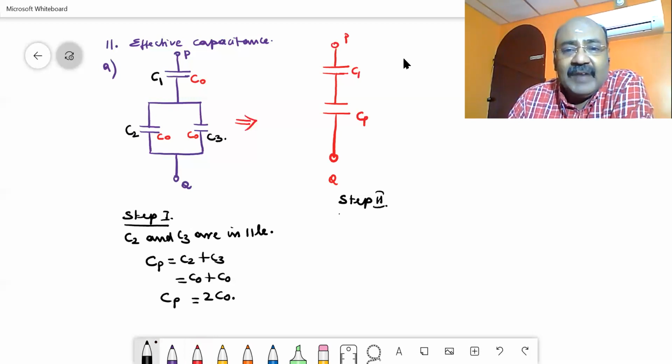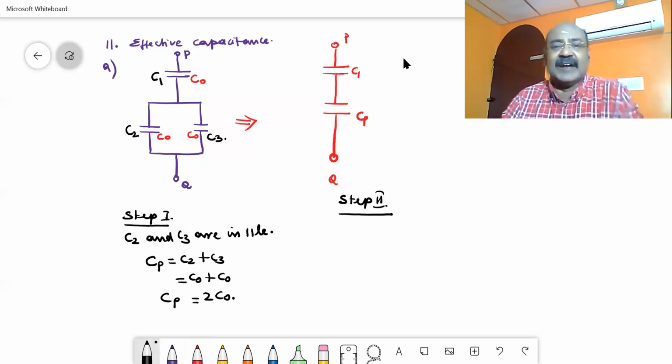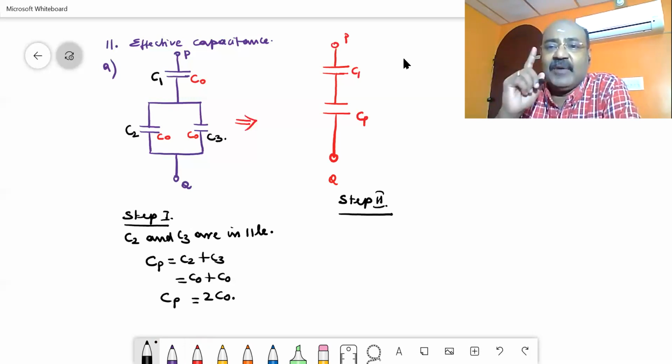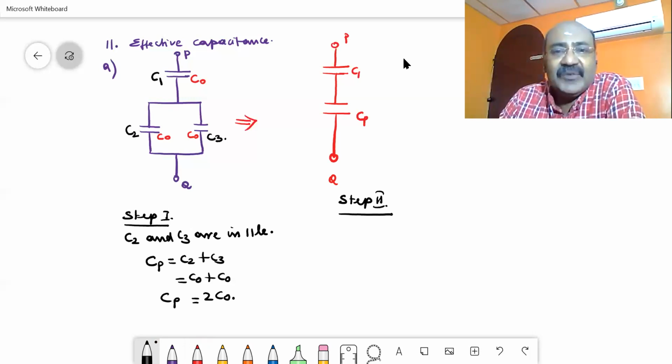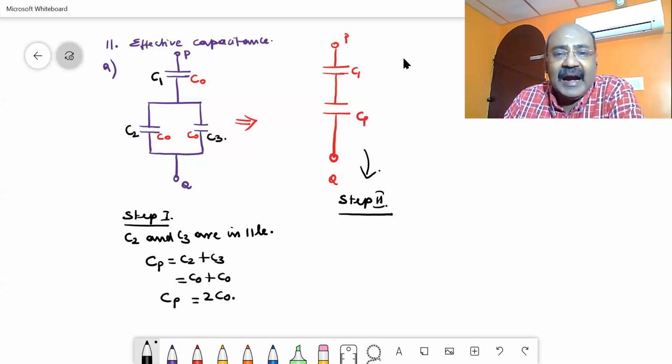Step 2 will give you the effective capacitance, because on simplifying this we will get only one value. From this diagram, I can say C1 and Cp are in series.